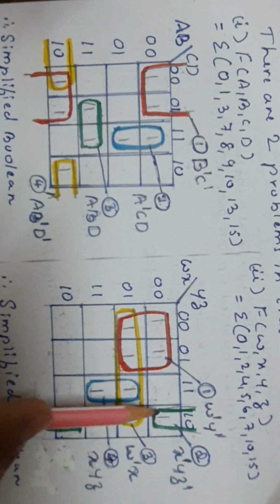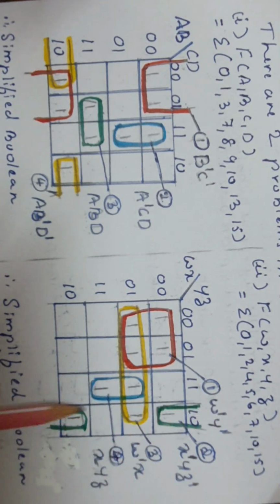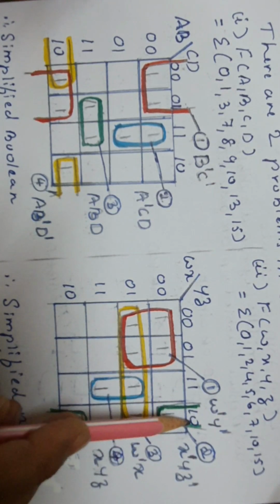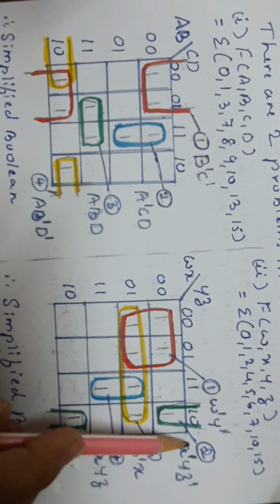Then for the second group, these 2 are covered in these 2 rows, 0, 0, 1, 0. The second 0 is common with respect to X, hence X dash. These 2 ones are covered in this column. So column wise 1, 0 is common with respect to YZ. So YZ dash, hence X dash YZ dash is for group 2.